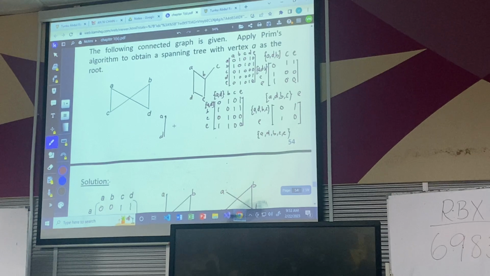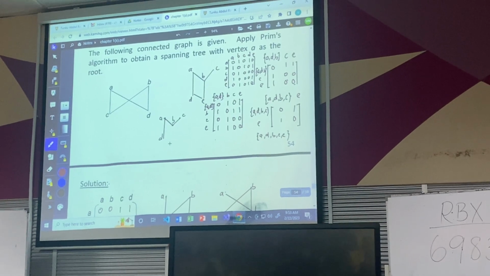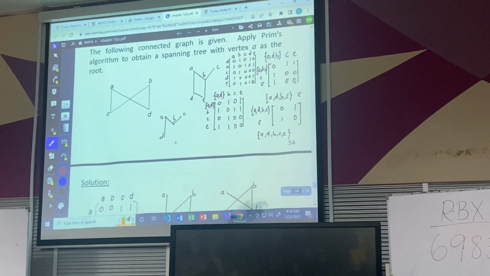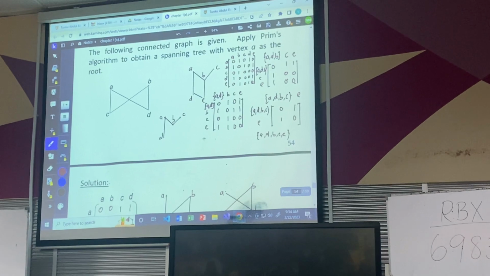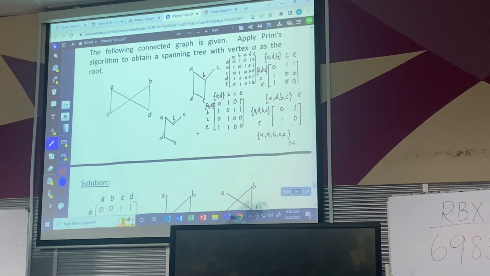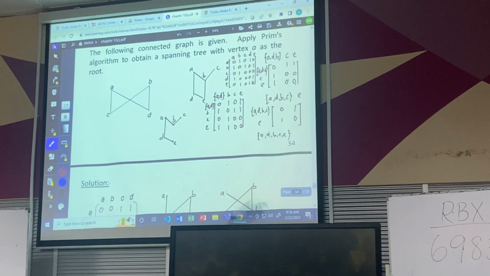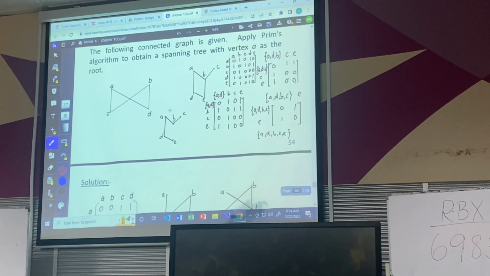So you can draw A to B and then B to C. Then D to E. B to E or D to E. Okay, from here, you see here, either you draw from D to E or B to E. So this is one of the spanning tree you can have, and you have all connected A, B, C, D, E with how many removed? 1 only, right? Okay, 1 edge removed.